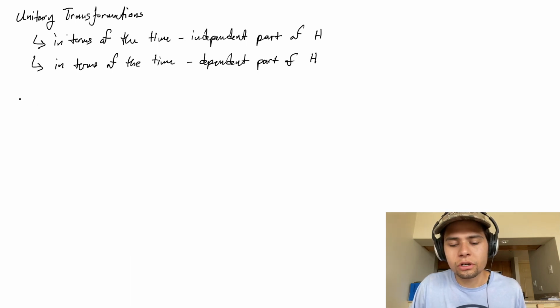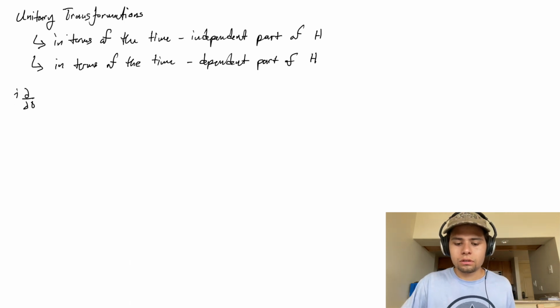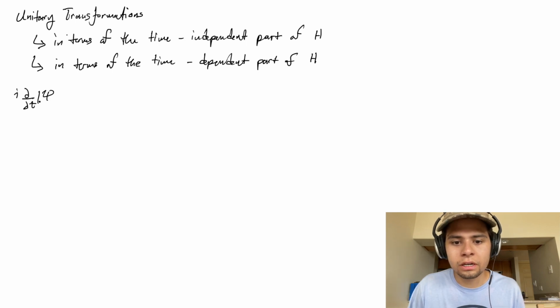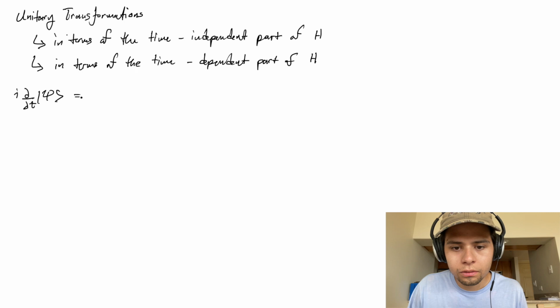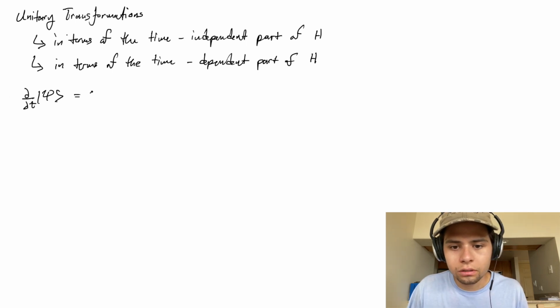In our Schrodinger equation that we developed, we said that i times the time derivative of psi, which is the state, is equal to our Hamiltonian times, actually a little bit more than our Hamiltonian, and typically we want to write it like this: i over h bar times the Hamiltonian times psi.